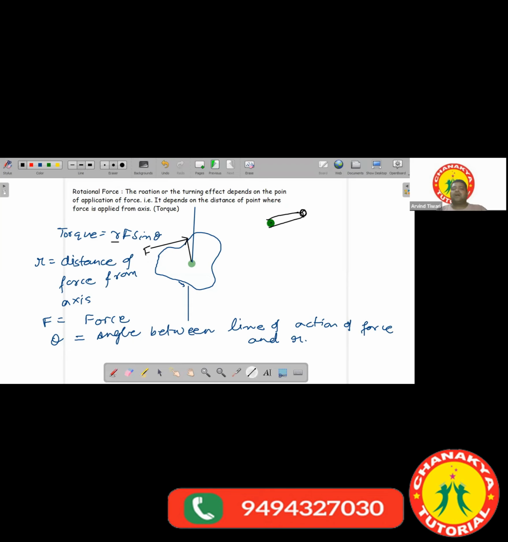So this is your r. You have r, and this is the angle between r and F. So the amount of torque or rotational force can be computed as rF sine theta. Got it?